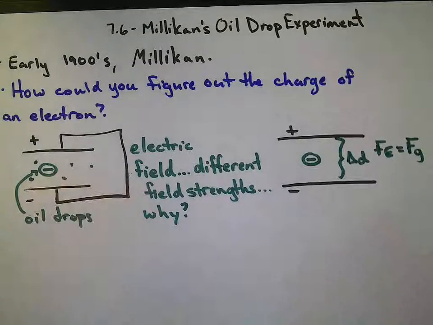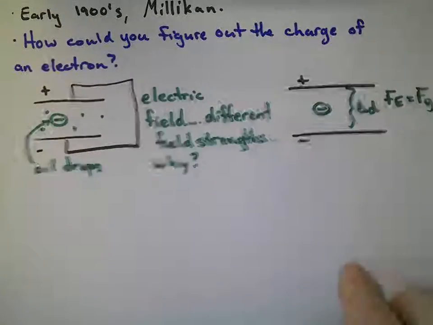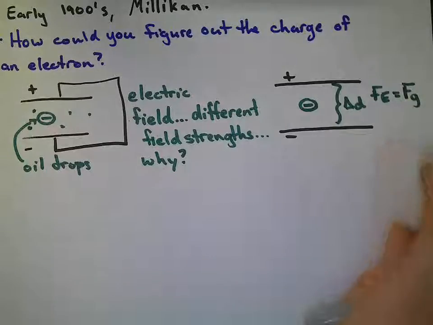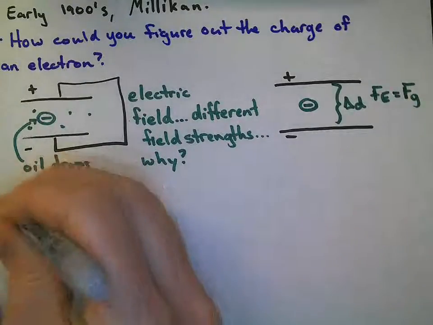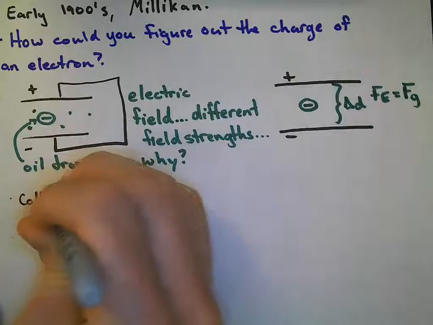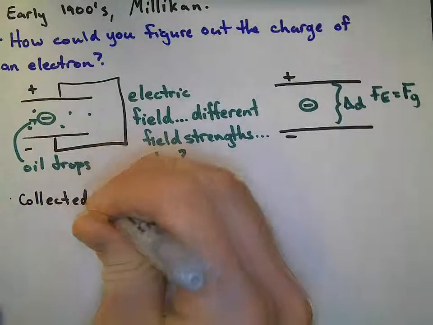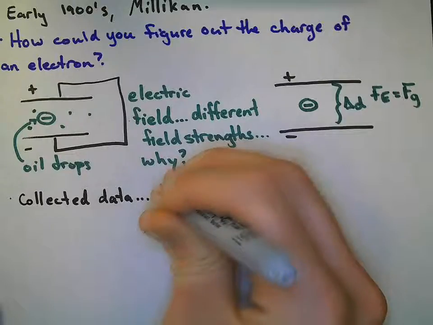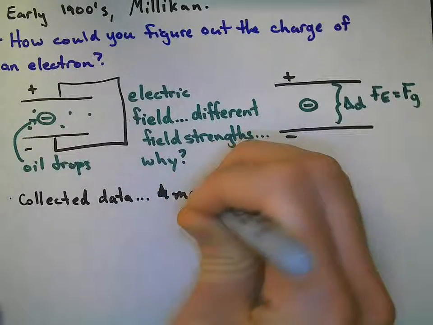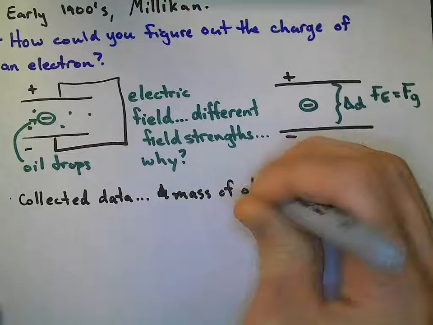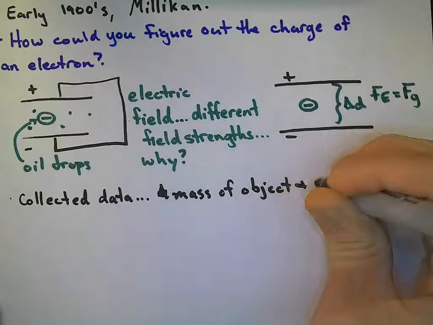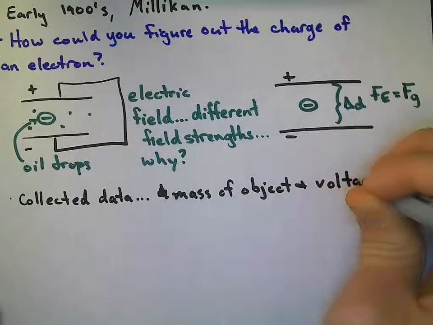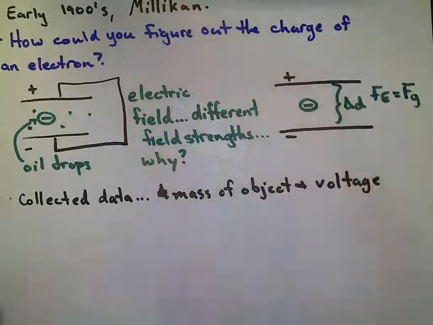So what Millikan did was he adjusted these different field strengths to see when this would occur. He collected data and had the mass of the object and the voltage across the plates to create this electric field.